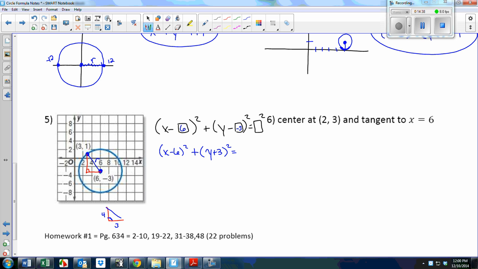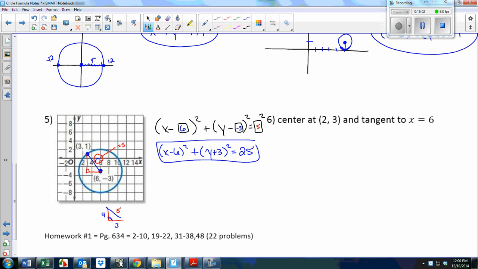So it would actually be 4. So there's that nice special triangle again. 3, 4, and the radius would then be 5. The hypotenuse would be 5. Thus, the radius equals 5. Put that into the formula. 5 squared, 25. That's the equation of that circle.